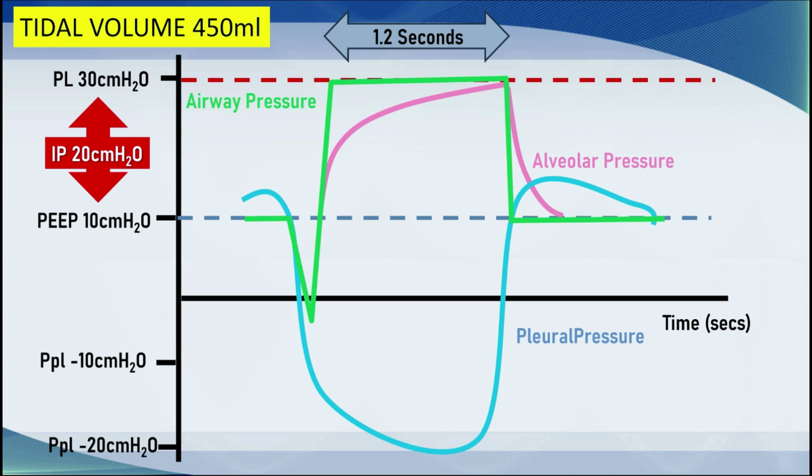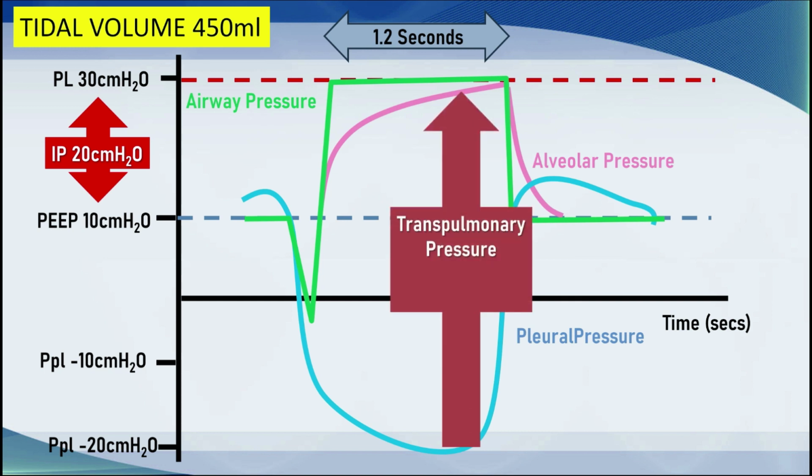And this is a huge drop off. So instead of what we had earlier on, we had a plateau pressure of 20 and a pleural pressure that was minus 10. Now we have a plateau pressure of 30 and a pleural pressure of minus 20 and this gargantuan transpulmonary pressure. And this is causing a dramatic amount of stretch on the lungs.